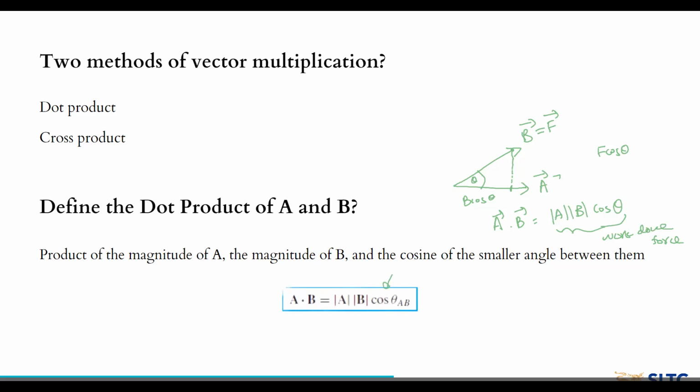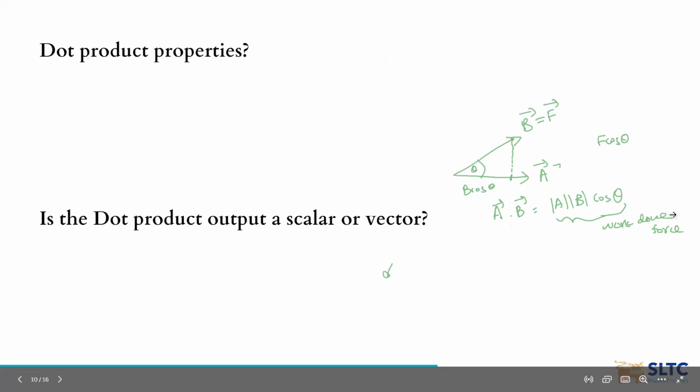Next, we can discuss the cross product. Apart from that, is the output of the dot product a scalar or a vector, as you think?